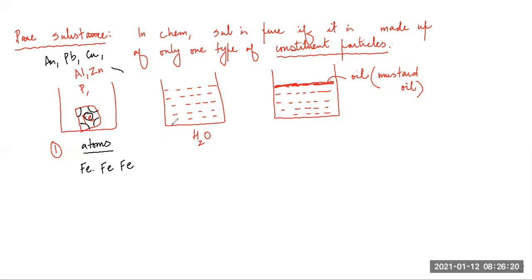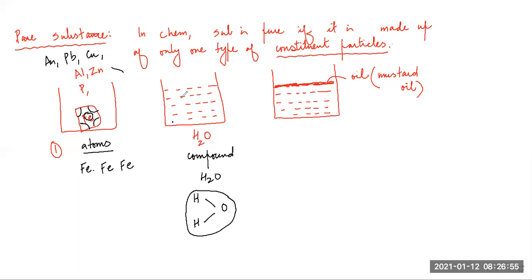When we take water, the smallest constituent particle of water, which is a compound, is H2O. Here, one oxygen atom is bonded with two hydrogen atoms, and this is the smallest constituent particle of water.